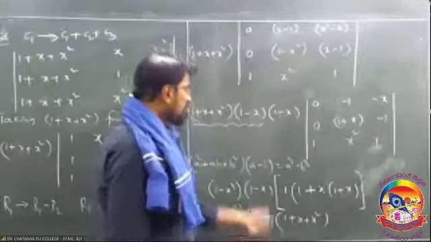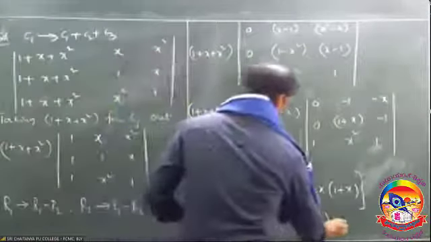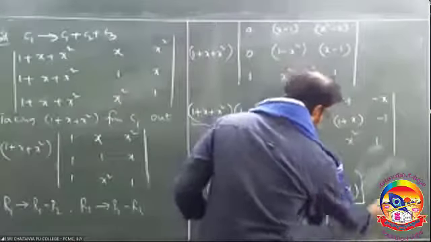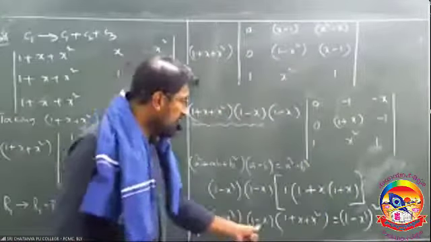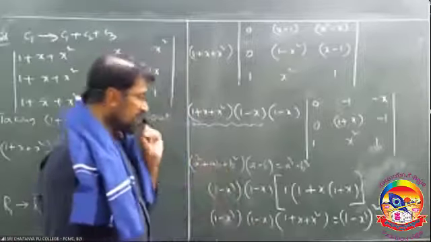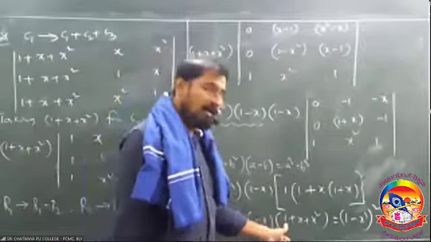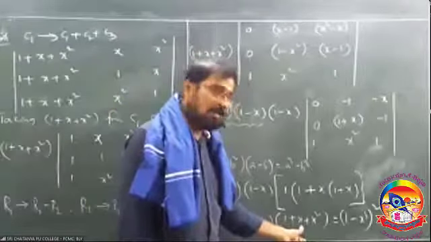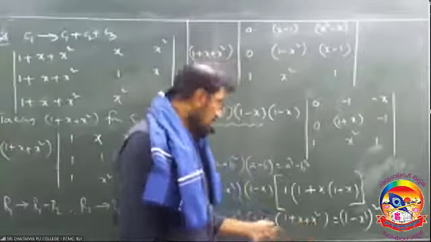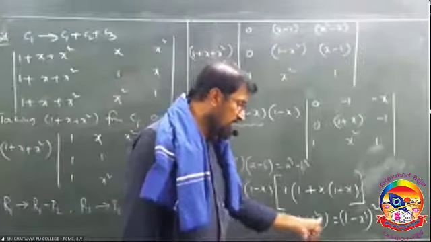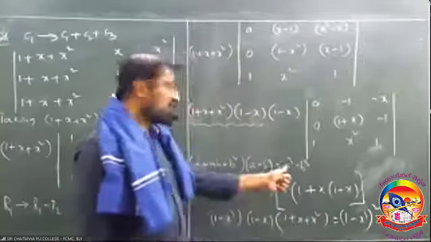Now you got the same formula. 1 minus x cube whole square. I am repeating. A minus b, observe students, observe. A minus b into a square plus ab plus b square is equal to a cube minus b cube, right?